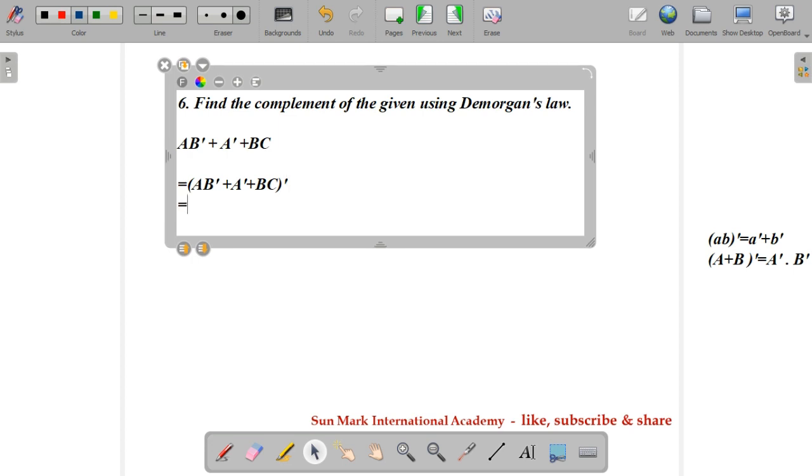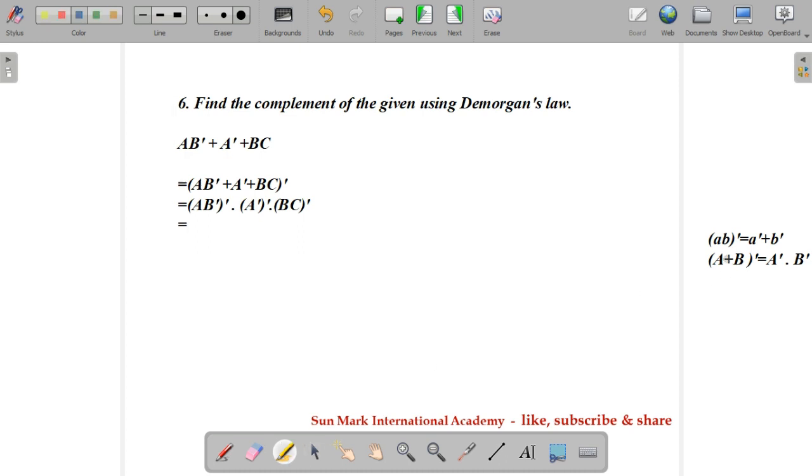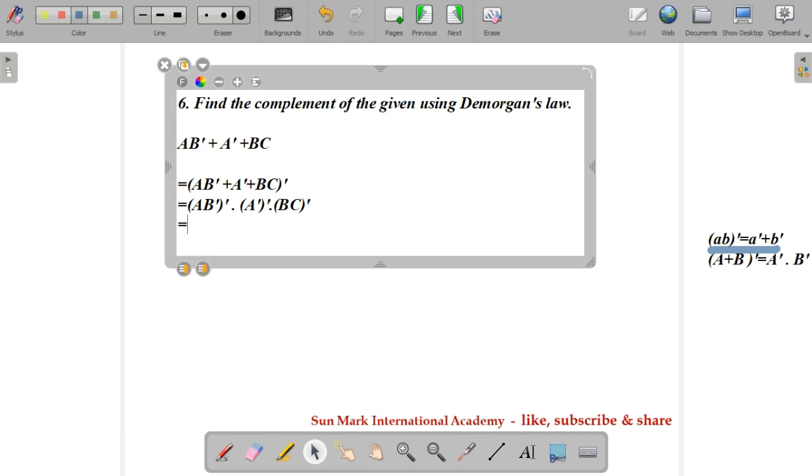Next we need to apply De Morgan's law. First one, (AB) the whole dash equal to A dash plus B dash, first law. So here we are substituting that law here.